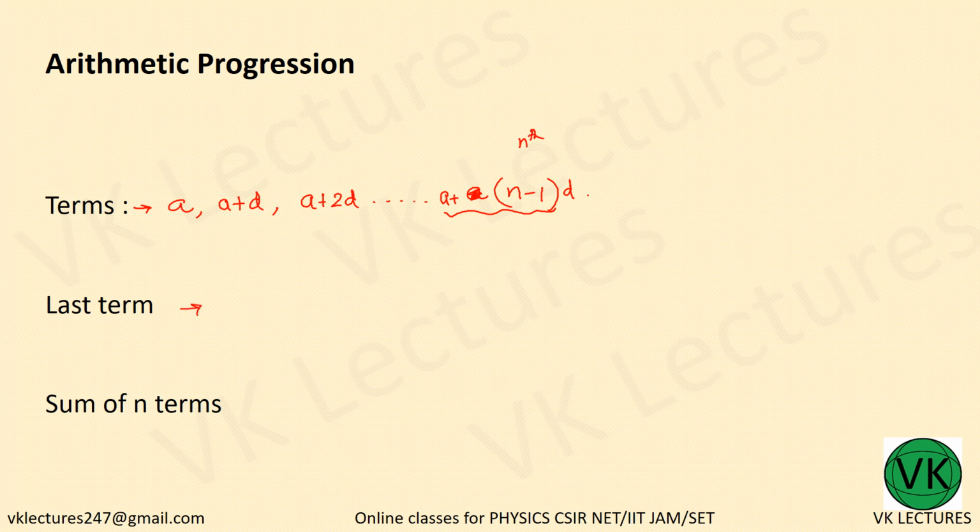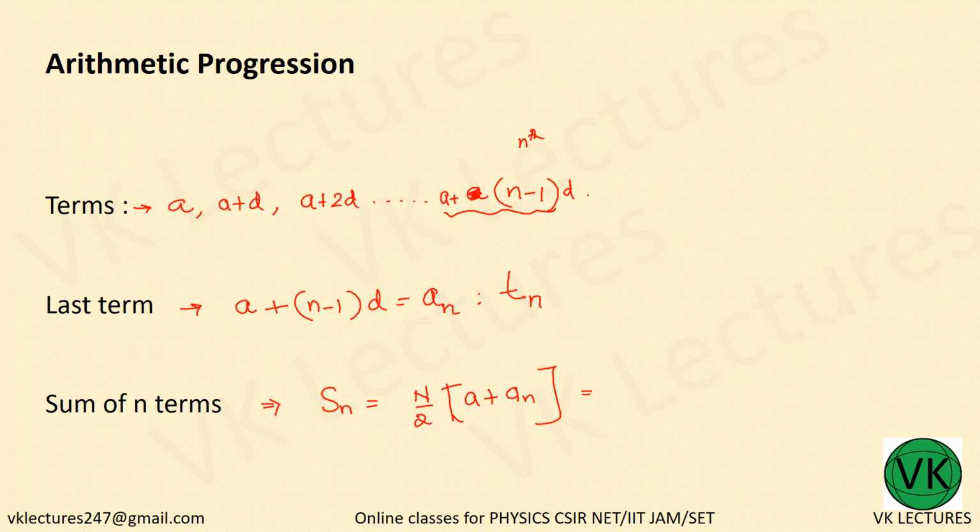This is the last term: a plus n minus 1 times d. We denote it by an or sometimes by tn also. Now the sum of n terms, how will you write it? Sn is equal to n by 2 times a plus an, the last term.